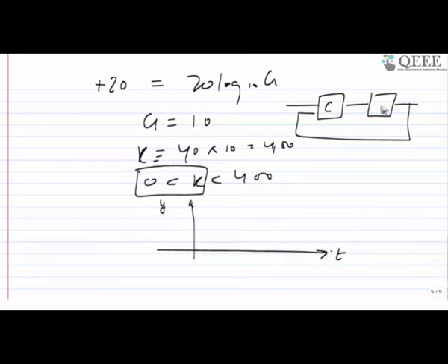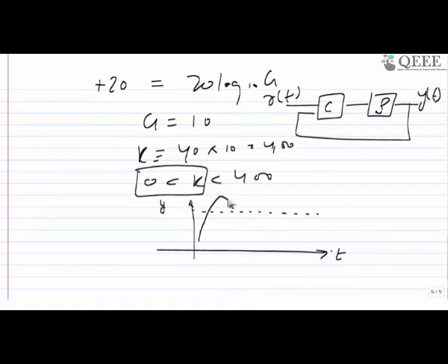This is my closed loop, this is my reference input, and this is my output response for this reference signal. R of t is basically a function of time. What I want is to design a controller such that y of t tracks r of t.